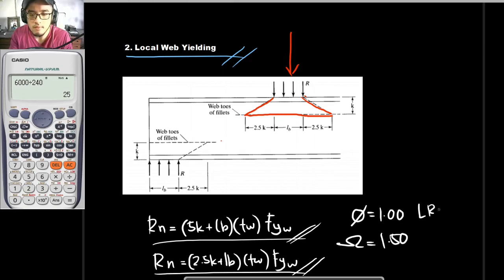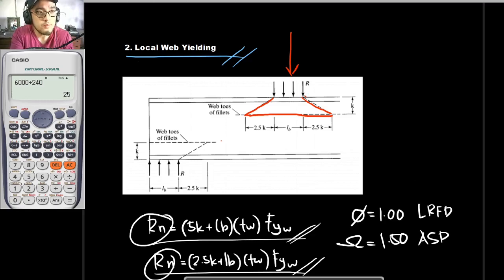So LRFD, ASD. And you would once again be comparing this Rn right here to the point load that is subjected to your structural member. So ito P. So Ru compare nyo sa Pu, Ra compare nyo sa Pa.